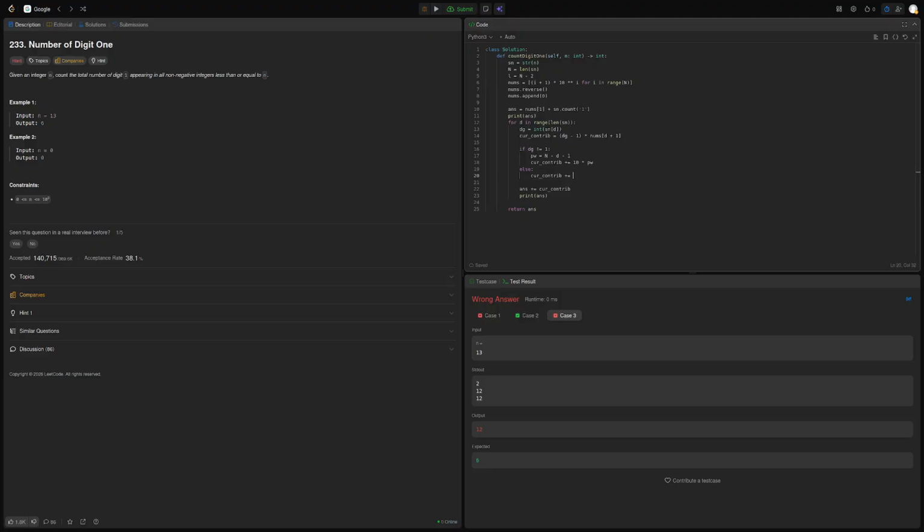Like count digit 1, otherwise we return ans plus current contribution plus self digit count of sn, so int sn1, still 2. That is weird.